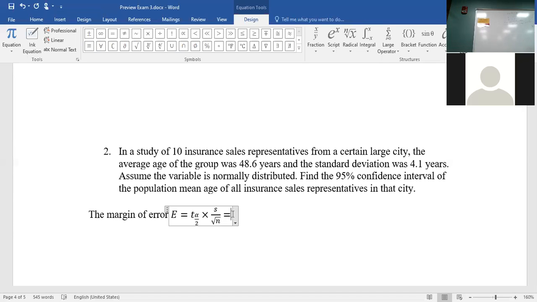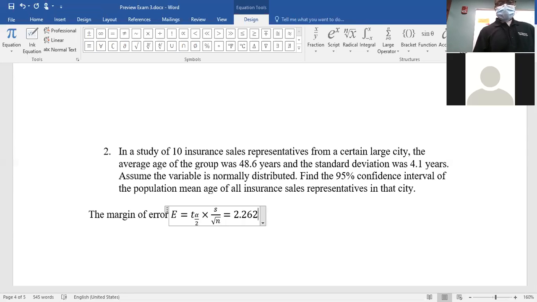That's what we are learning now. So you use the table, degree of freedom of 9, 95% confidence level. What do we get? 2.262. Anybody else got something else? Anybody check that? Practice using that.